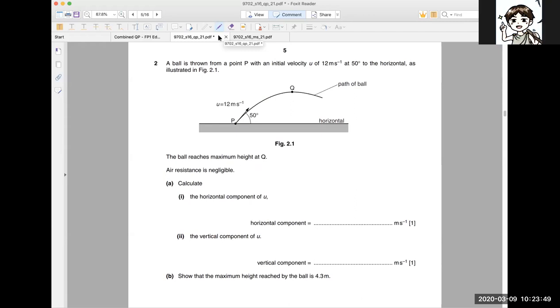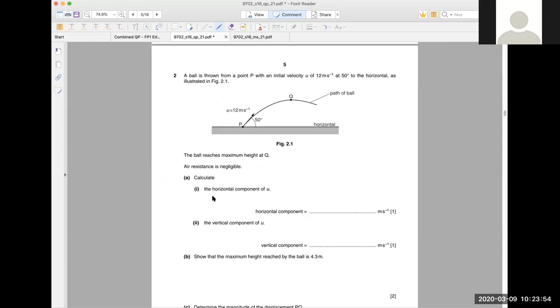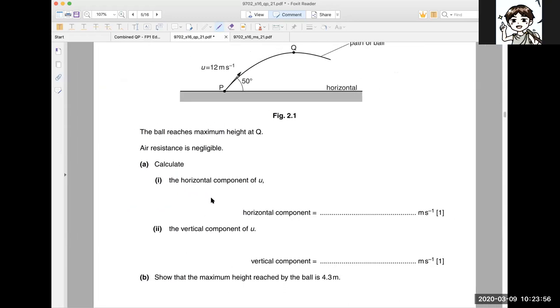Cosine. So it is 12 times cosine 50 degrees. Make sure your calculator is in degree mode in the physics exam. So it is 7.7, 2SF, because 12 is 2SF.